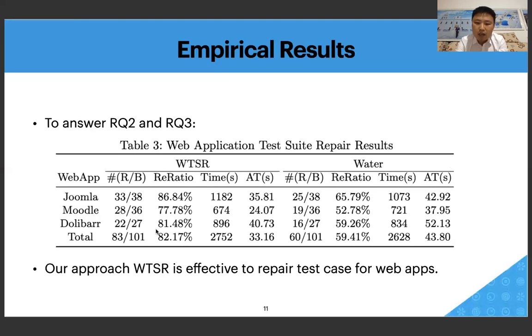Table 3 is web application test suite repair results. We compare our approach with Water. Water is an existing tool that was proposed by other authors in 2011. We use the same web application and the same test cases to run on our approach and on Water.